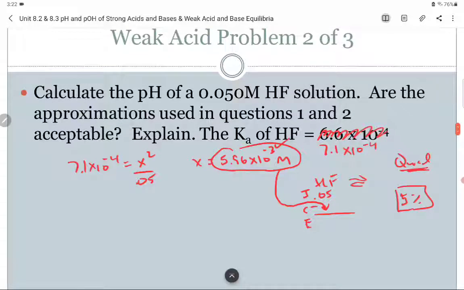So we didn't even get to the pH because we didn't like that answer for x. It's going to be in that ballpark of 5.96 times 10 to the negative third, but it will not be. So to save us some time, what I really wanted from this question is to show you that not all of these we'll be able to use the approximation for.